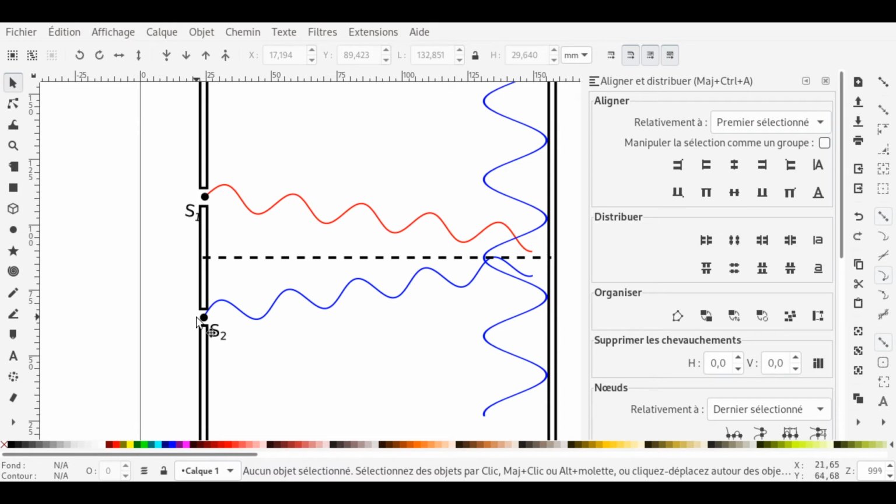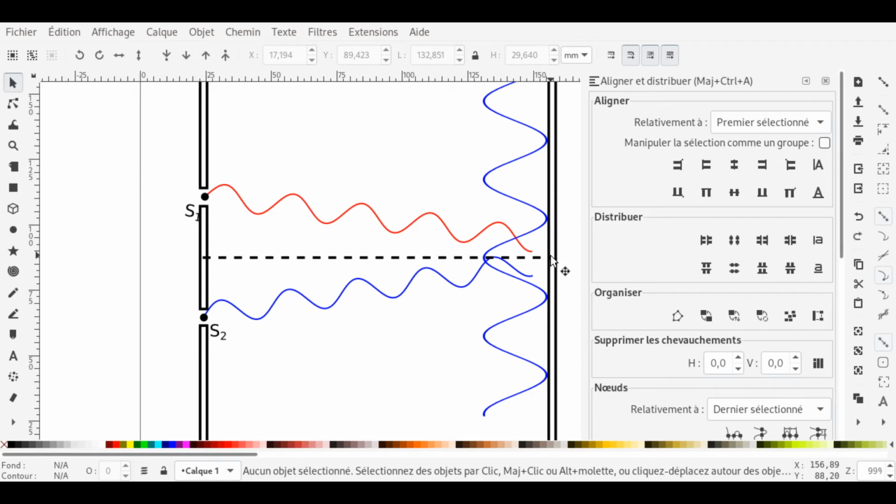Since they are both equally spaced from the center, the wave that started from the first slit and went until it hit the center is the very same distance as the one that started here and traveled to get over here. Both of them traveled an equal distance.